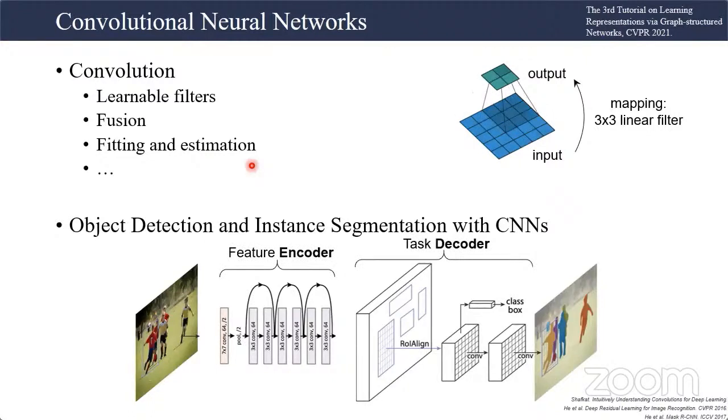The encoder extracts image features, and the decoder performs inference and prediction for the individual objects.